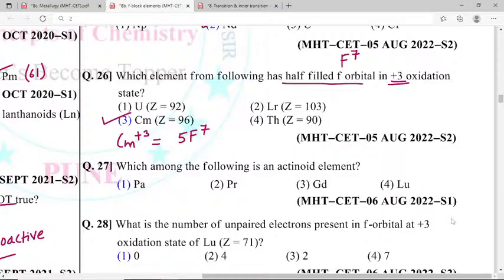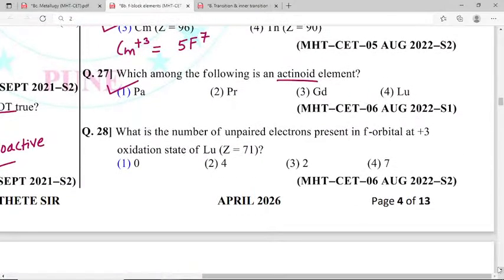Which among the following is an actinoid element? Protactinium is an actinoid. Remaining are the lanthanoids. What is the number of unpaired electrons present in the f orbital at +3 oxidation state?